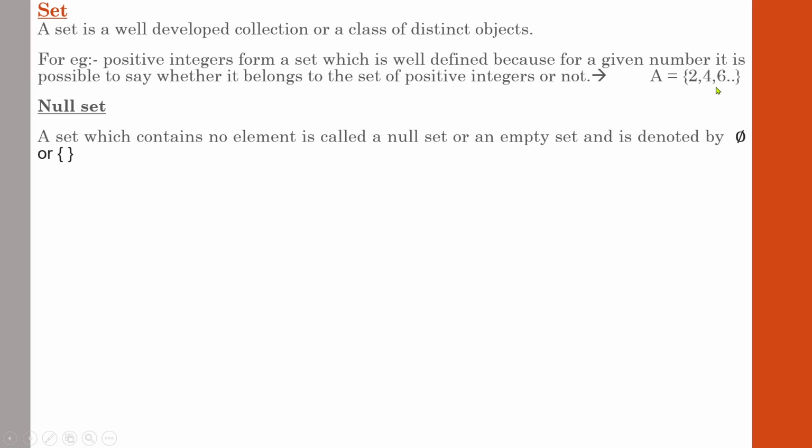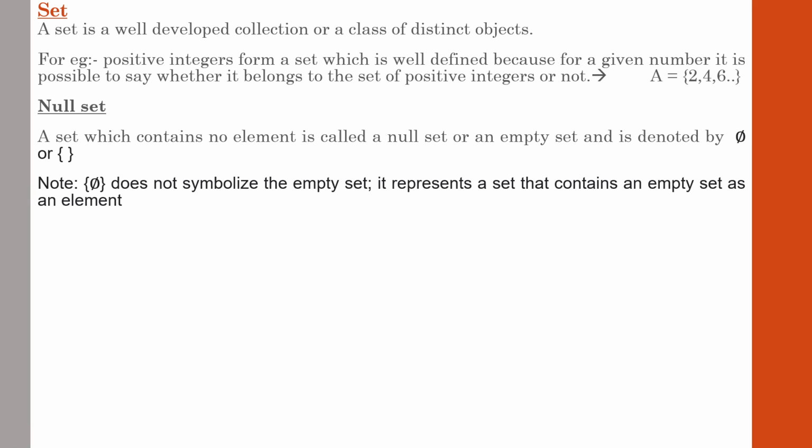Within the curly brackets we need to include whatever numbers or alphabets we are dealing with. If there are no numbers or alphabets or anything within these curly brackets, it means nothing. So a null set can be represented by two curly brackets alone or a sign like this. So this is an example of a null set.